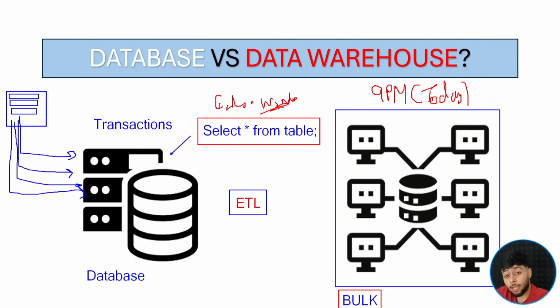Now means 9 p.m. today, like tomorrow, because I'm talking about next day. So this will say, hey bro, do you have any new data? It will say, yeah, I have 1,000 plus records. It will say, hey, give it to me. This way it works. So data warehouse is a kind of, let's say, a big brother of database. It will just keep on fetching the data from the database.